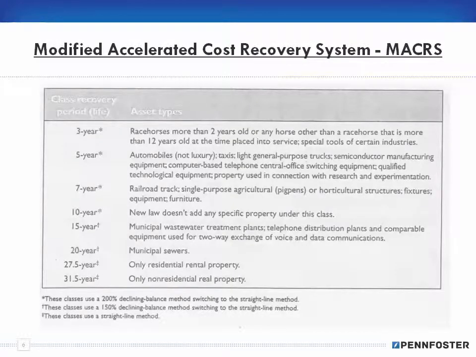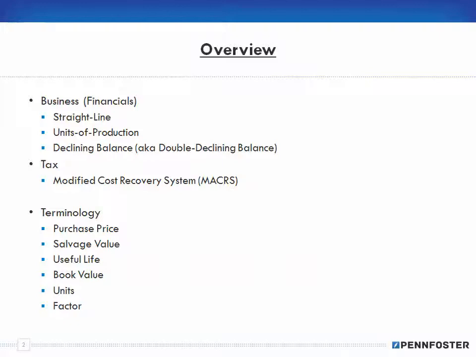MACRS for short. Now, as you'll recall, let me just quickly bounce up to my overview slide. Remember from the overview, I had said, when we look at a company's books, they really keep two sets of books. They keep one for their financials and they keep one for their taxes. Okay, they're not necessarily the same.